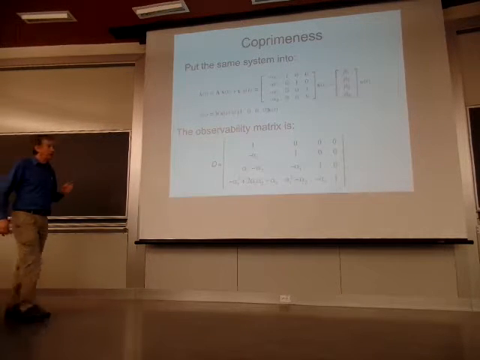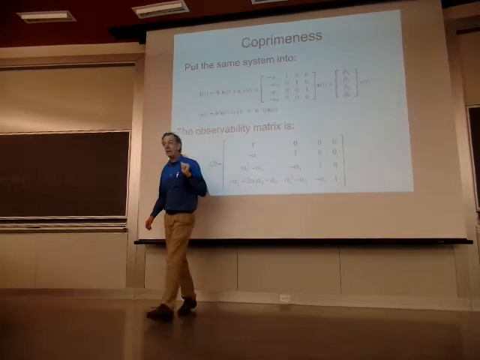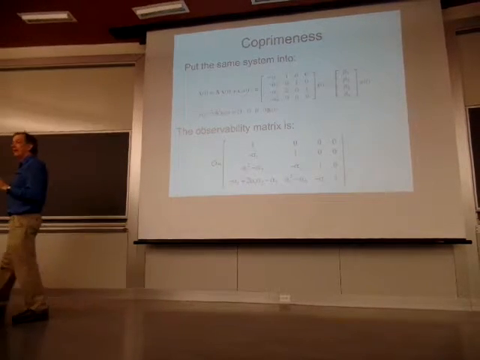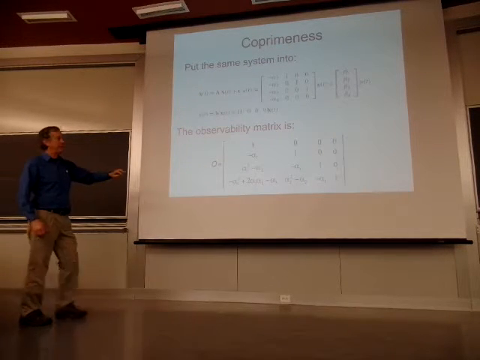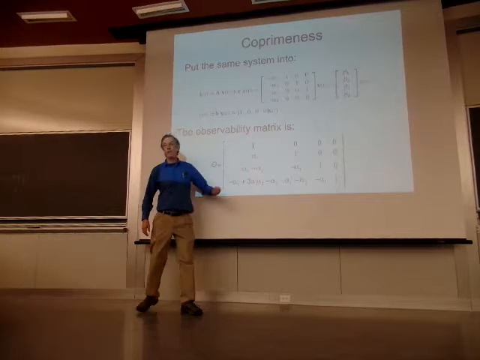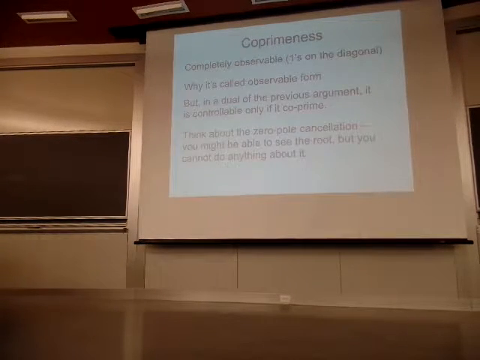So if I have all these ones in the diagonal, this is guaranteed observable. That's why it's called observable form, because the observability matrix has this nice pattern to it. So it's completely observable because they have ones in the diagonal.